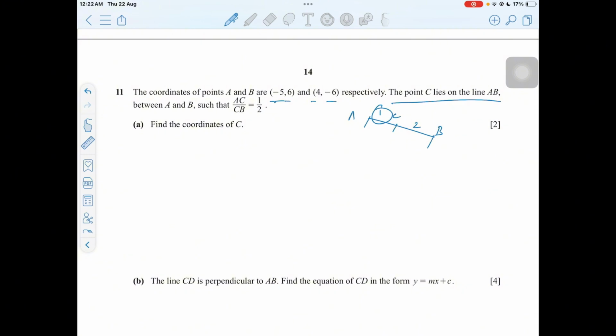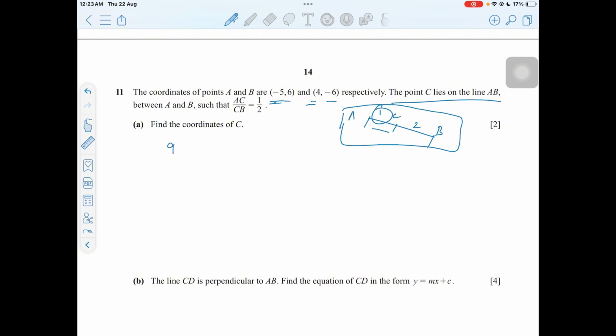So we have our A and then this is basically our B on the right hand side, right? And below a perfect diagram is drawn, right? So the total distance from A to B in x coordinate is -5 and 4, or you can say total of 9 distance.